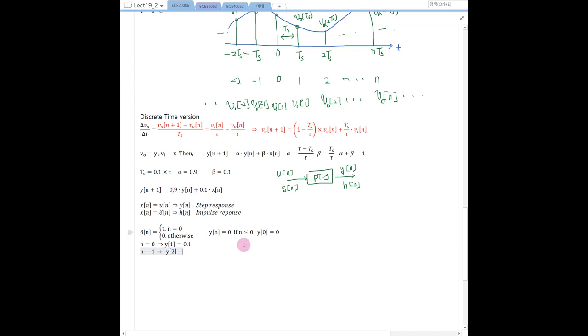So this case is 0.1 times 0.9. For n equal 2, y3 equals 0.1 times 0.9 squared. So we can do this all the way down.